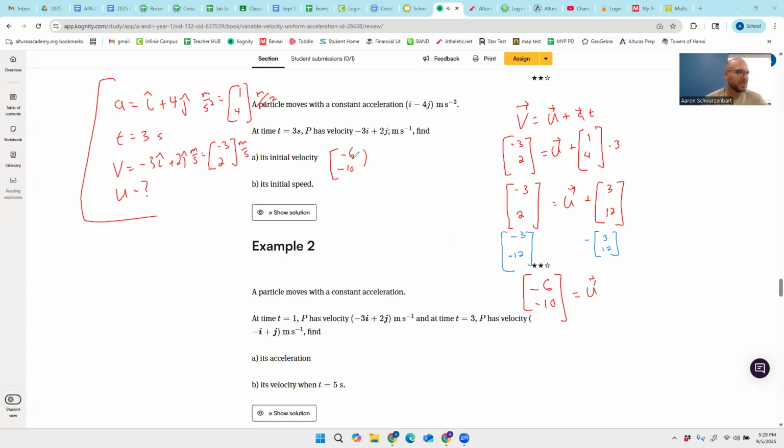To find its initial speed, oh, I copied my knowns and unknowns wrong. Sorry, mistake here. That's a minus.